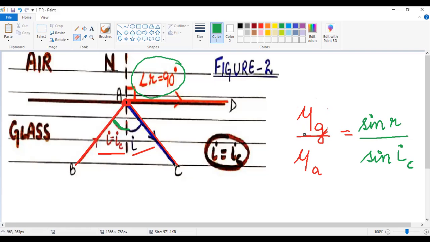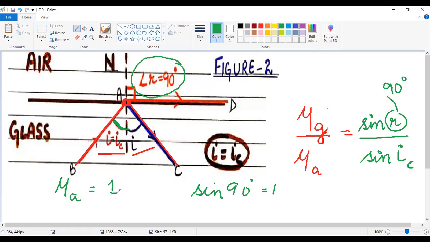So if glass is in numerator, then the angle made in glass will be in denominator. Now angle of refraction is 90 degree, and as we know that sine 90 is equal to 1, while refractive index of air is also equal to 1.